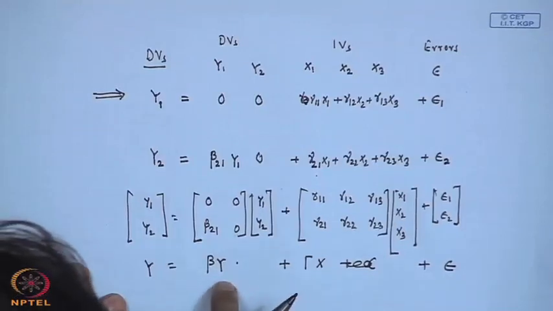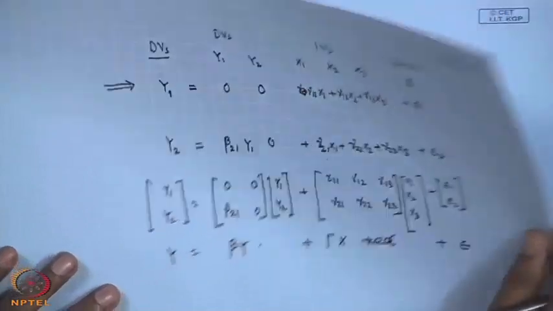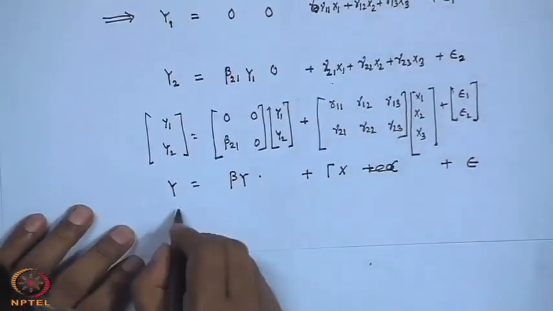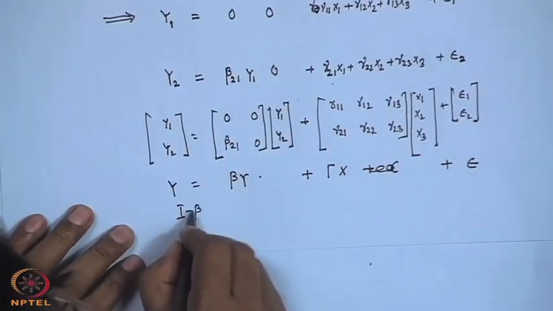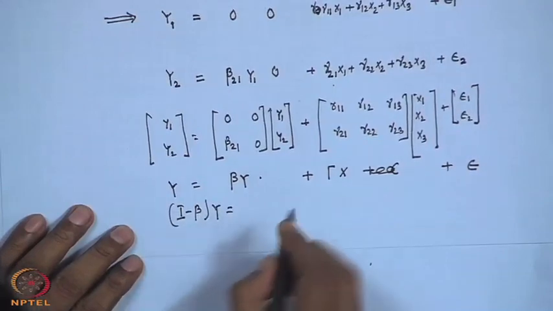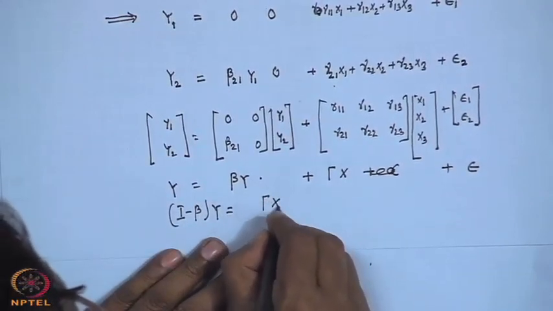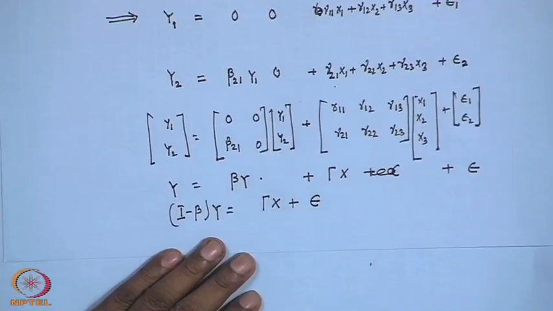Beta y plus gamma x plus epsilon, and if you do a little more manipulation, this will be I minus beta, y equal to gamma x plus epsilon.